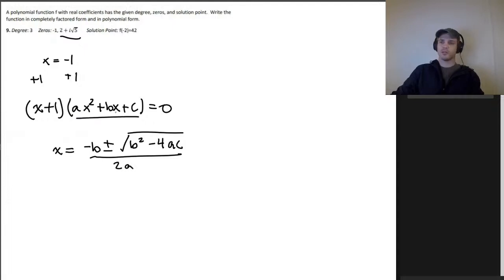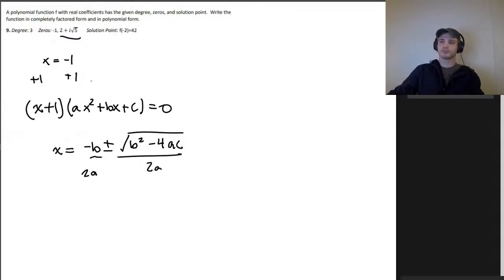These a, b, and c are the same as the a, b, and c in this case. I'm going to split this fraction into 2 fractions, since they have a common denominator.